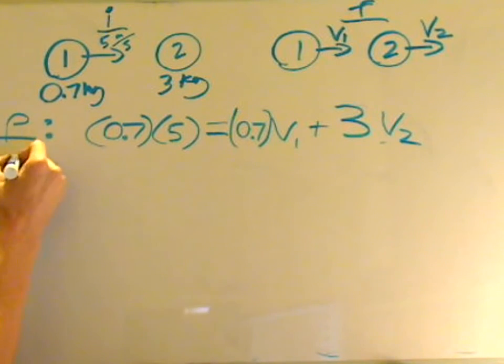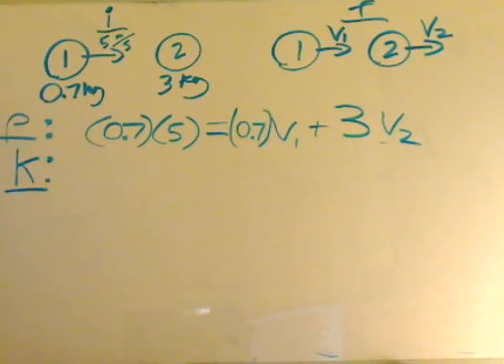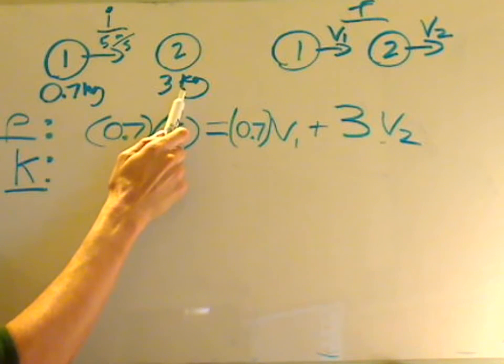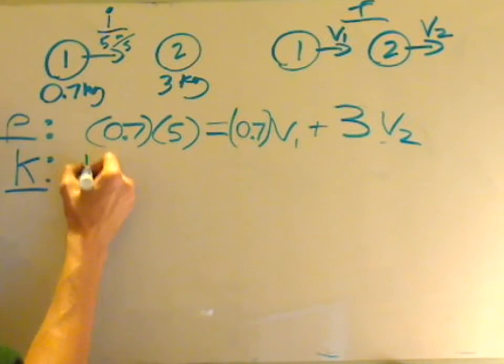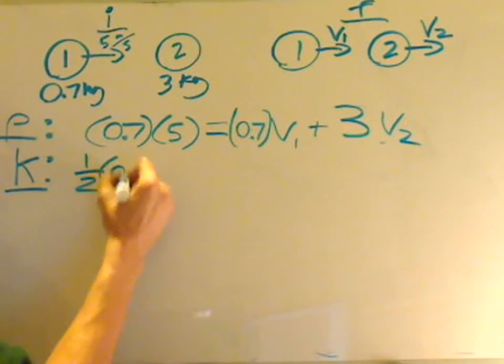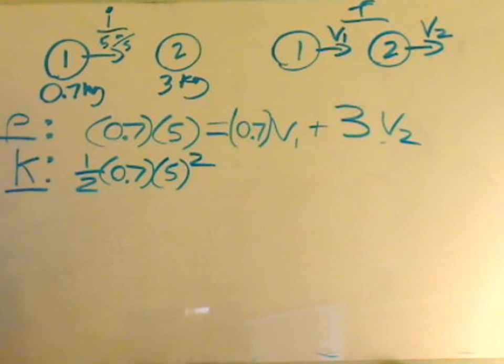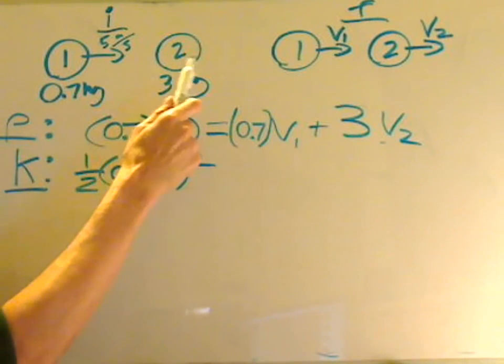But the other thing that's true about elastic collisions is that kinetic energy is conserved. Kinetic energy is 1/2 mv squared. Ball 2 has 0 kinetic energy because it's at rest. Ball 1 has kinetic energy of 1/2 its mass, 0.7, times its velocity squared. That's the system's initial kinetic energy.